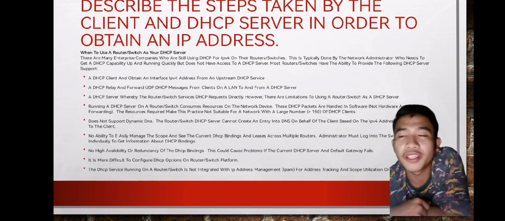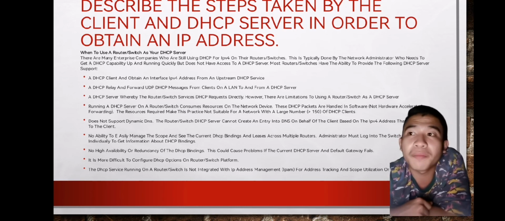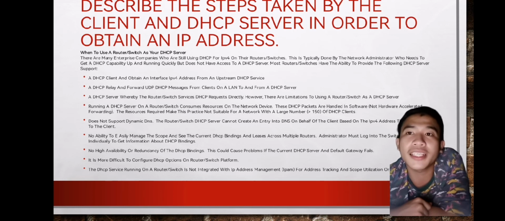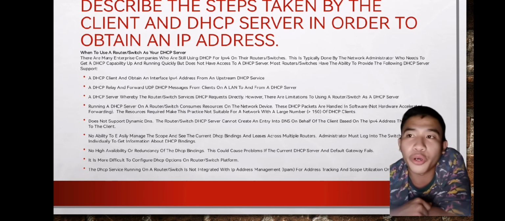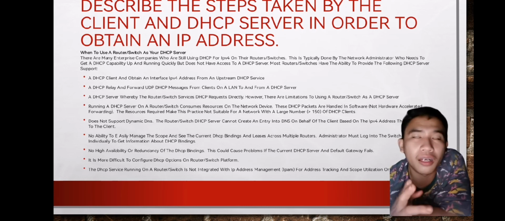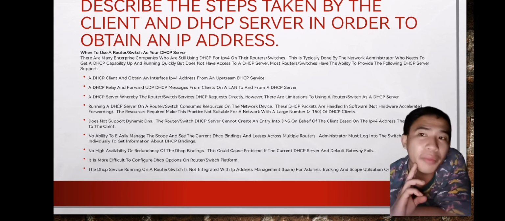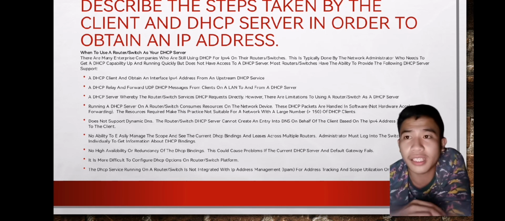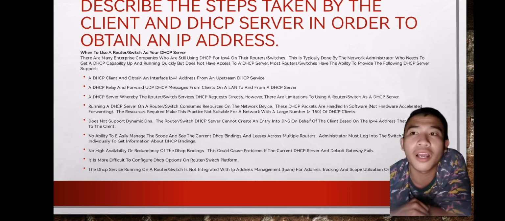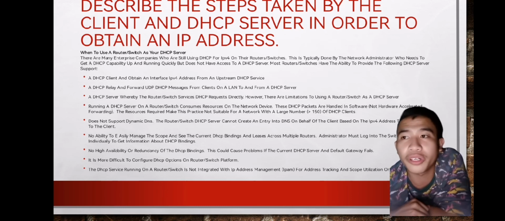Last is, describe the steps taken by the client and DHCP server in order to obtain an IP address. When to use a router or switch as your DHCP server. There are many enterprise companies who are still using DHCP for IP version 4 on their routers or switches.